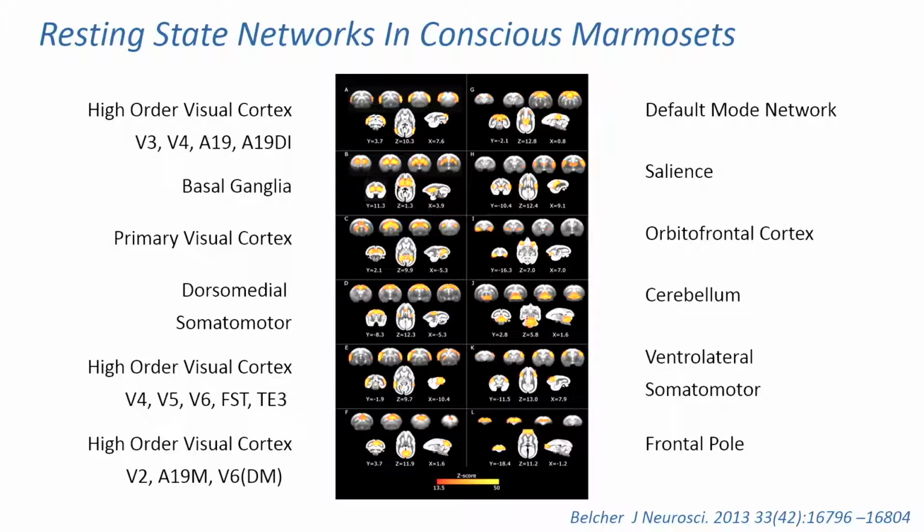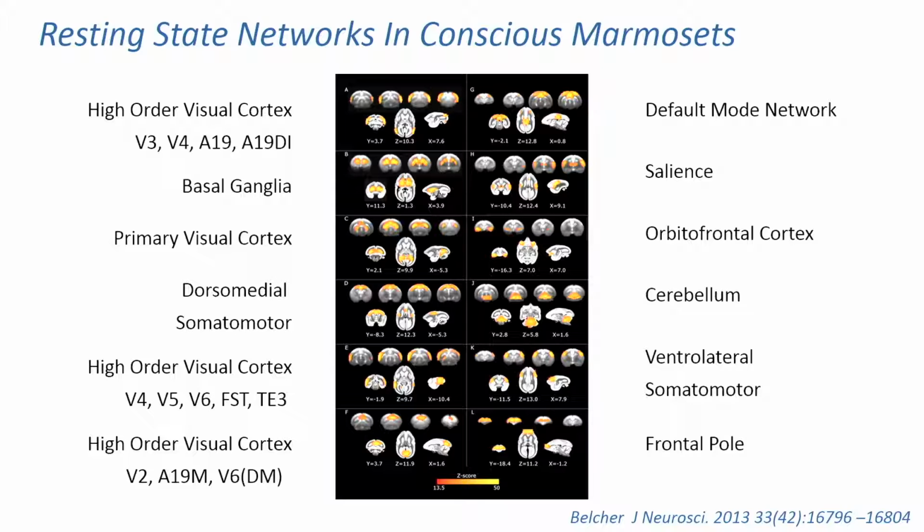And if you do this kind of analysis using independent component analysis, principal component analysis, or some VBM algorithms, as has been mentioned in previous talks, here we can pull out these resting state networks. And the marmoset has at least 12 of them that make anatomical sense and that correlate really well with RSNs that are obtained both in the macaque and the human.